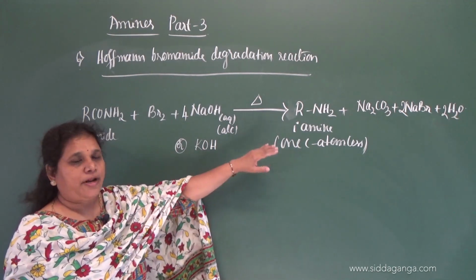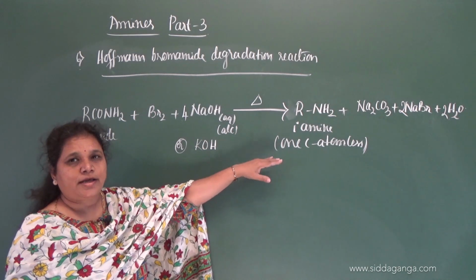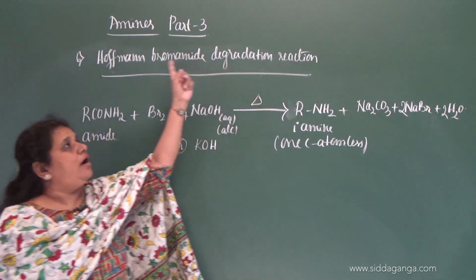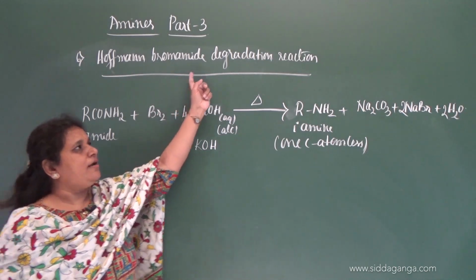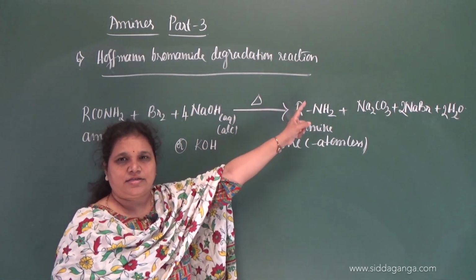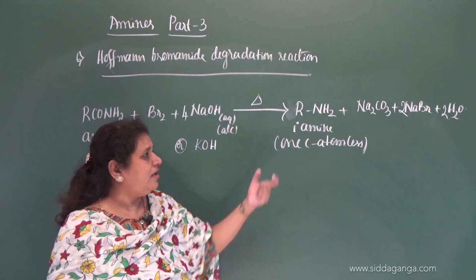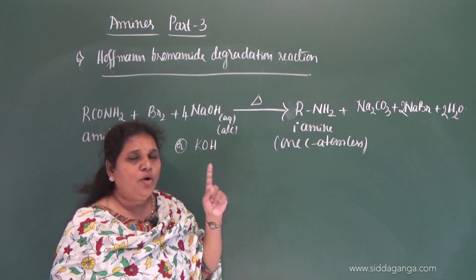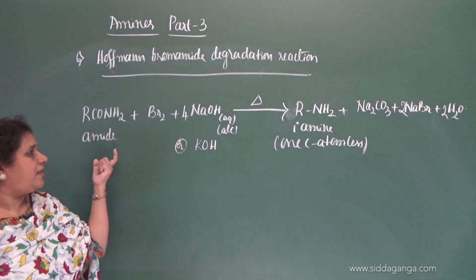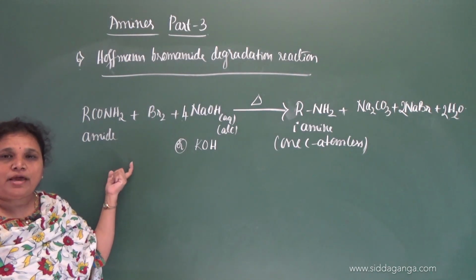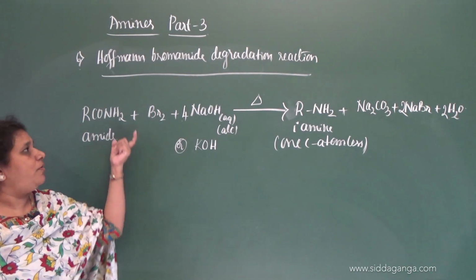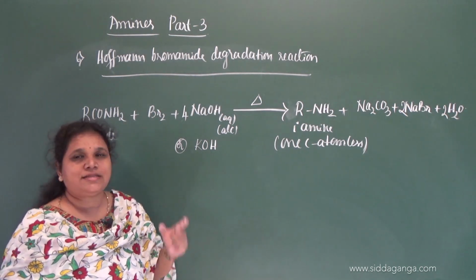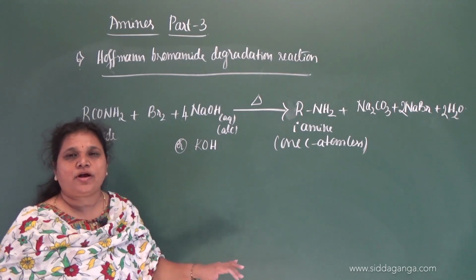Why is it called degradation? Because the product primary amine contains 1 carbon atom less than the corresponding parent amide. Why? Because the CO group of the amide is eliminated in the form of the respective carbonate.